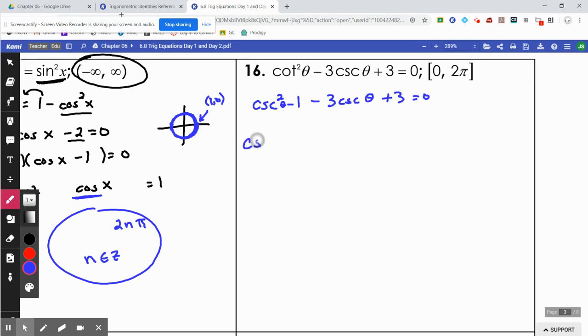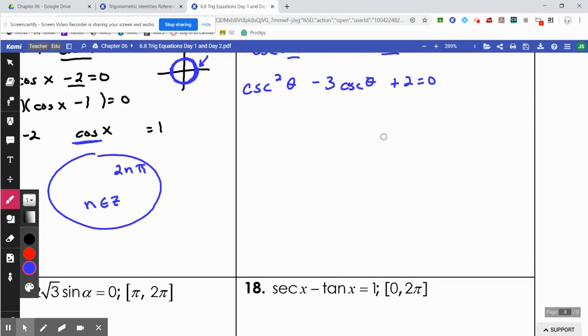Let's combine all of our like terms. You have cosecant squared theta minus 3 cosecant theta, and combining the minus 1 and plus 3 gives you a plus 2, equal to 0. We're doing the exact same thing: two sets of parentheses. Let's factor. Cosecant theta times itself gives me cosecant squared theta. Adds to negative 3, multiplies to 2, so a negative 2 and a negative 1.